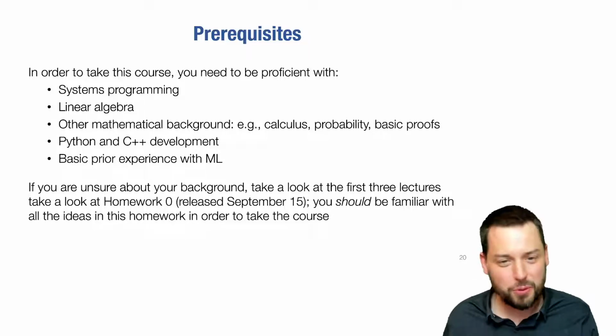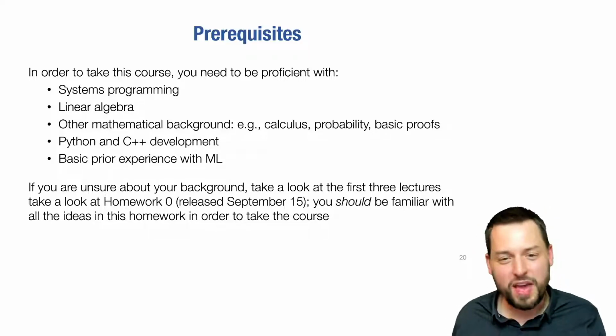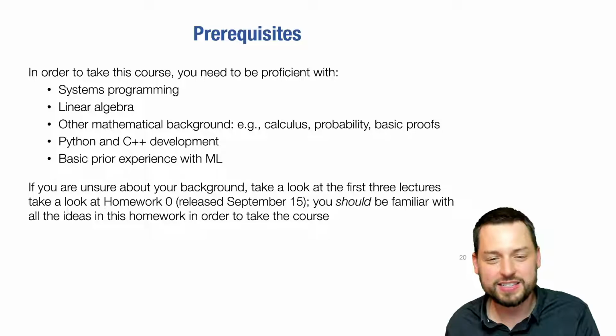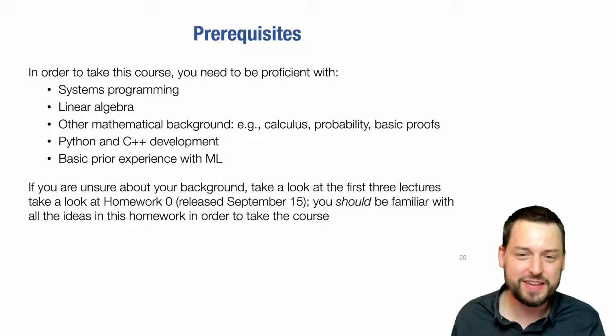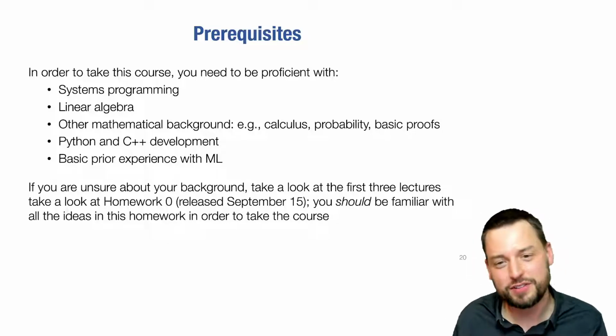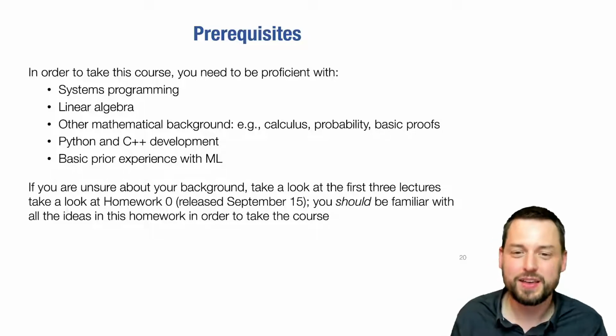And then most importantly, because this will happen, when you mess up your indexing in C++, because there's no safe indexing there, and your program seg faults, you should know how to debug it.